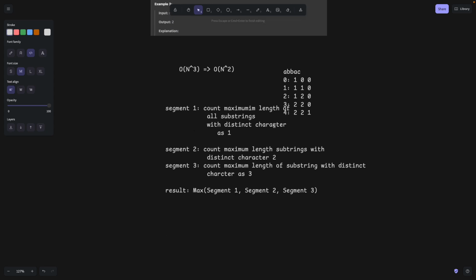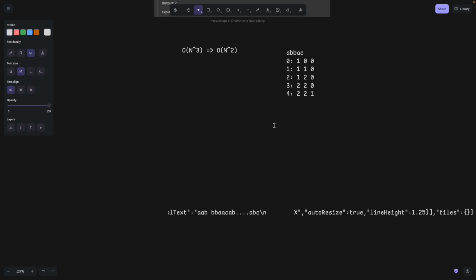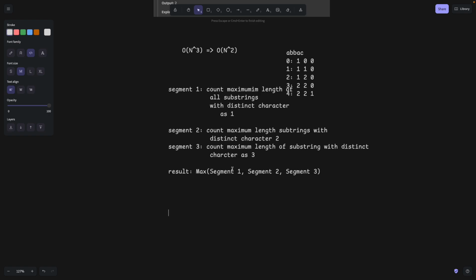What we are going to do in this case is, let's suppose we have a string AAB, and with that let's say ABC. In this case, the maximum length of the substring would be 3, or I would rather say it's 4.